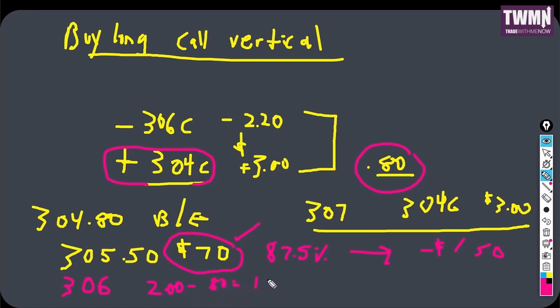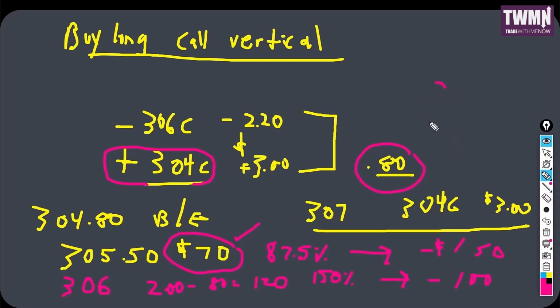So I made $120 on this. Well, with an $80 cost, that's 150% profit. Spend $80 and made 150% profit. In this scenario, though, if it only went up to 306, I lost $100. I still haven't made money, right? Because my break even is 307.